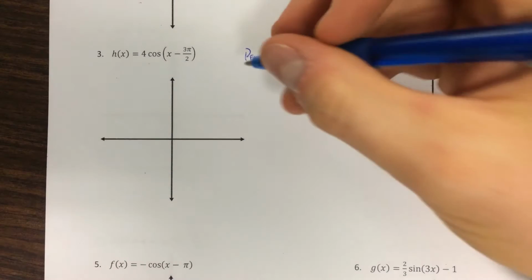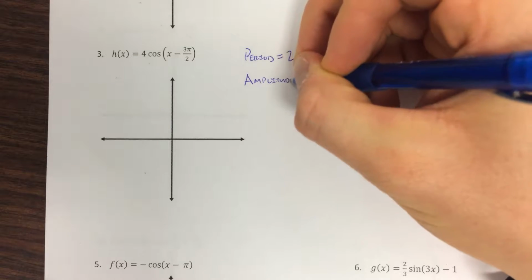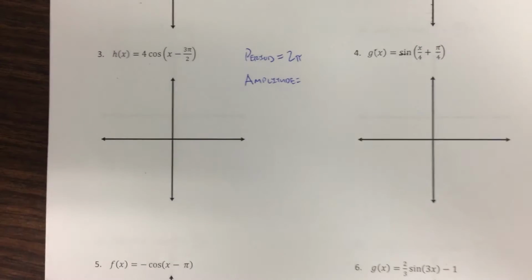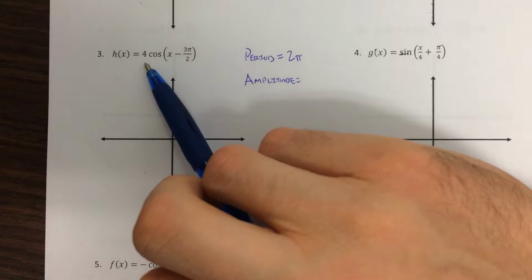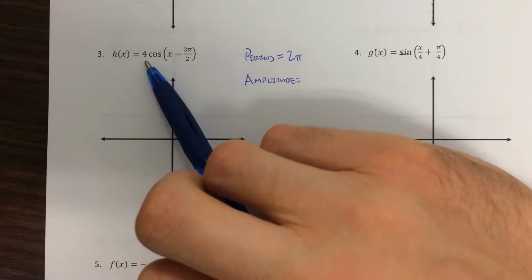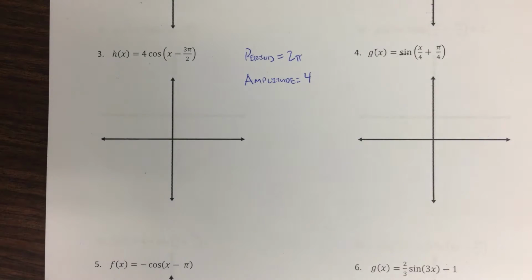And our amplitude, you might want to refresh looking at your previous notes, but our amplitude changes if our parent function is multiplied by anything. So because our parent function is being multiplied by 4, our amplitude becomes 4. Okay.